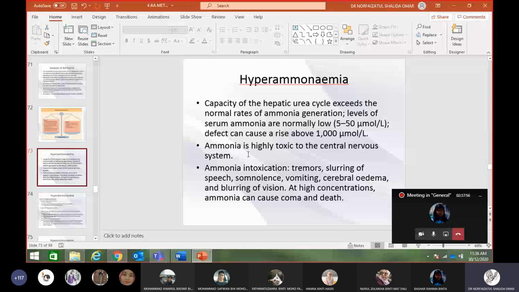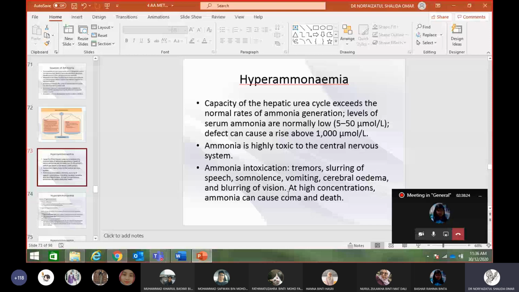So it will cause hyperammonemia. Hyper means increase, ammonemia means it's in the blood. High toxicity can cause tremors, slurring of speech, vomiting, cerebral edema, blurring of vision. If very high concentrations of ammonia, it can cause coma and death.